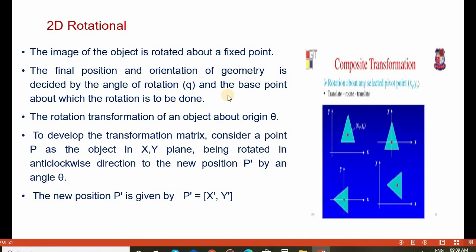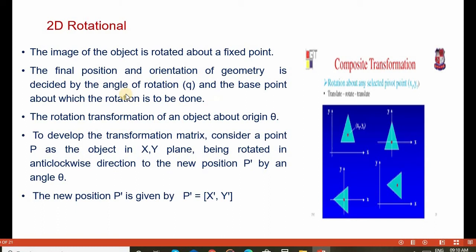Another process is called the rotation process. The image of the object is rotated about a fixed point. The final position and orientation of the geometry is decided by the angle of rotation and the base point about which the rotation is to be done.